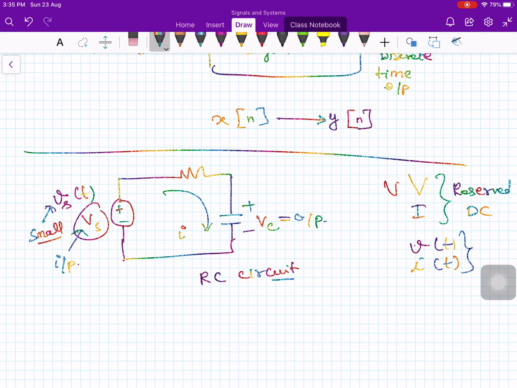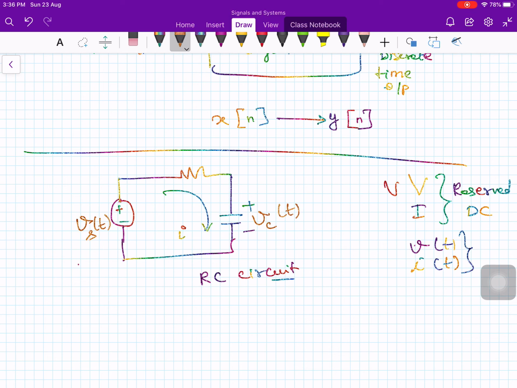Therefore instead of writing Vs, let me put V suffix s, small vs. This represents the time varying voltage, I mean the voltage is a function of time, that's all. And this one also let me put small vc of t.